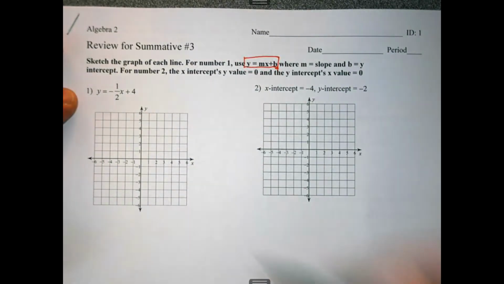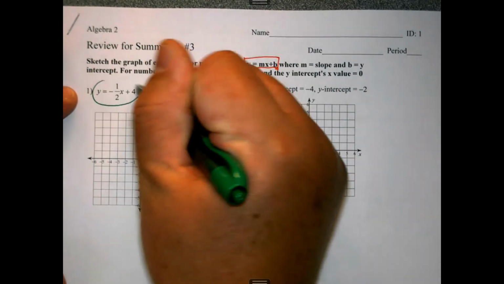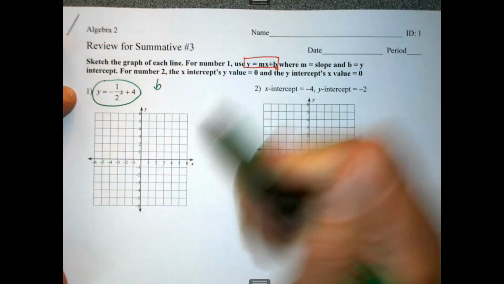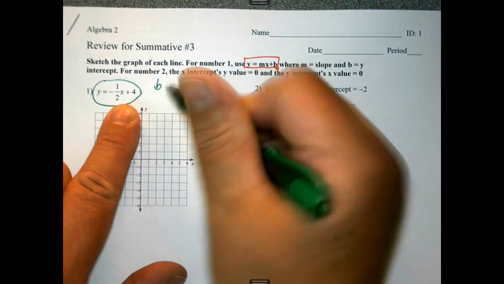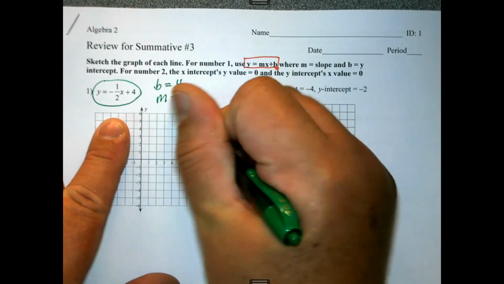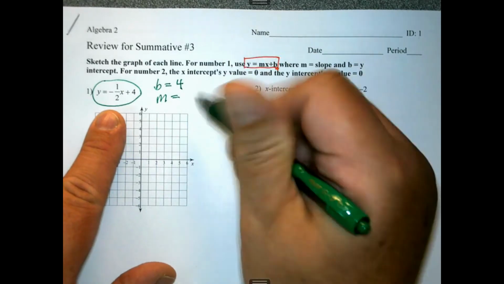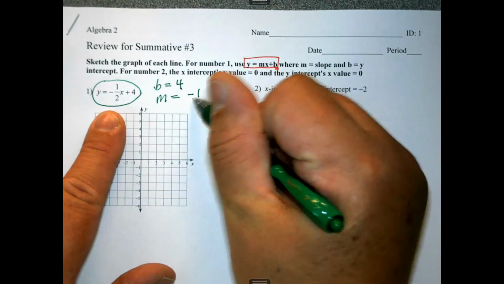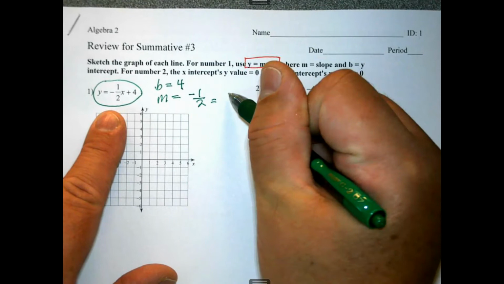So, looking at our equation here, my b is positive 4, my y-intercept, and my slope is negative 1/2. I could put it with the 1, or I can put that negative sign with the 2.